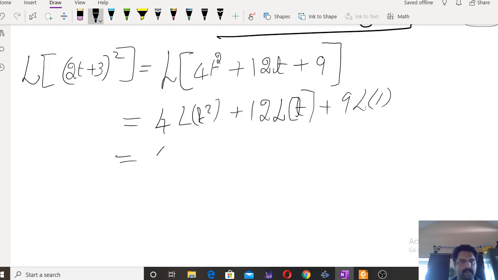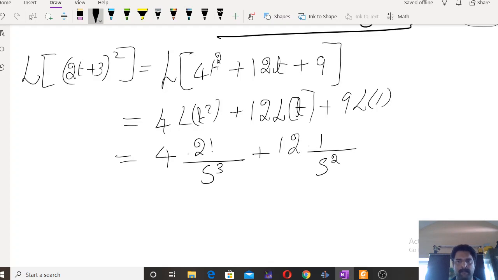For t raised to n, it is n factorial divided by s raised to n plus 1, so it is 4 times 2 factorial divided by s cubed, plus 12 into 1 factorial divided by s square, plus 9 times the Laplace transform of t raised to 0, that is 1 by s.